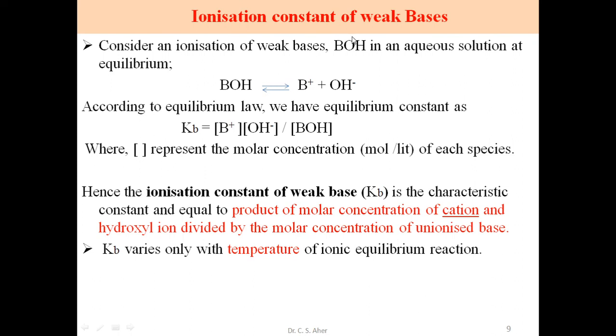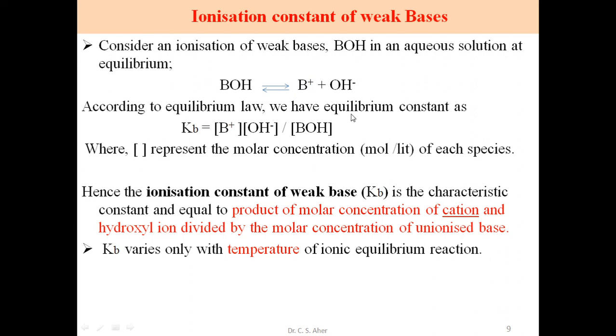Now, the ionization constant of weak bases. Similar to the acid, we have this weak base. Consider the ionization of weak base, BOH, in an aqueous solution at equilibrium. So this weak base dissociates into B plus and OH minus.